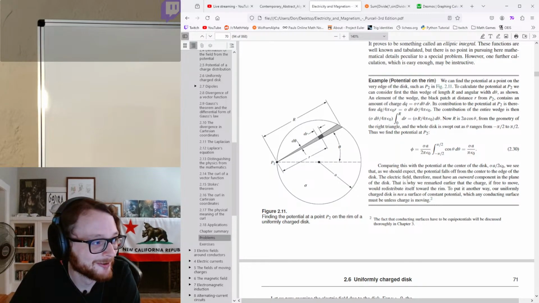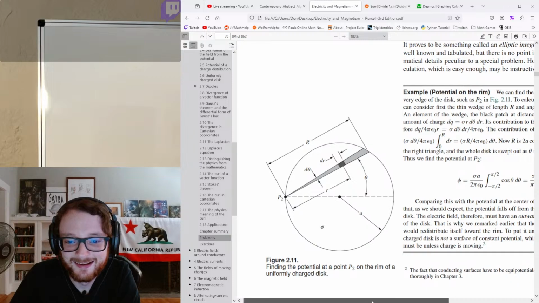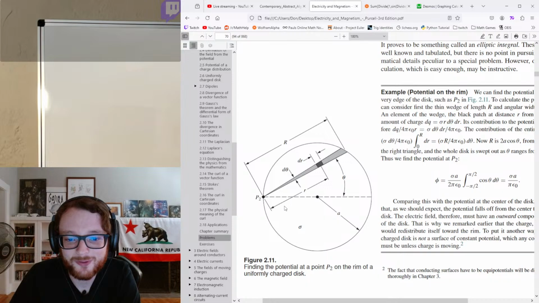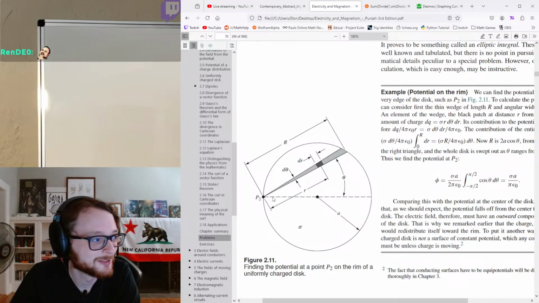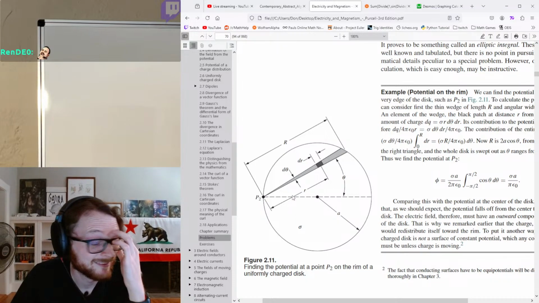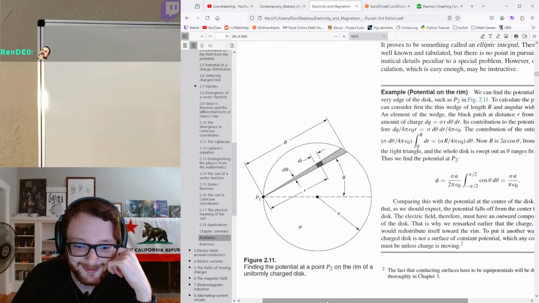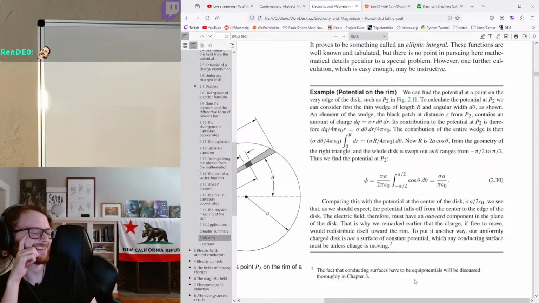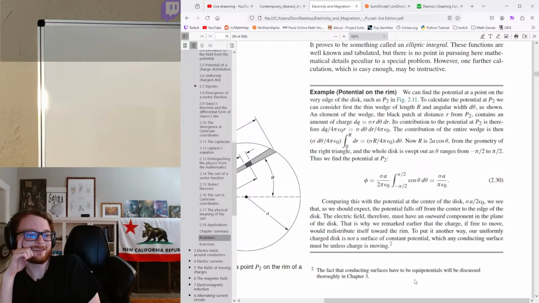Oh no. So this example finds the potential on the rim of a disk of charge. And if you can't tell from the diagram, there's some geometry you have to do to work this out. I don't know if I want to do this problem now. I wonder if having a polygon is going to make it simpler, though.